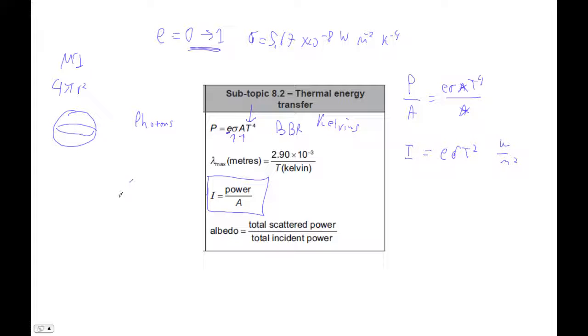This could also be like 1,360 watts hitting a square meter. In the constant section, they give you a value for the solar constant.